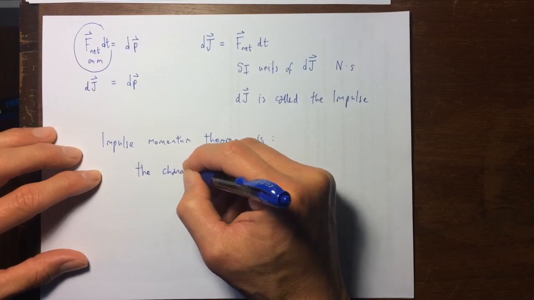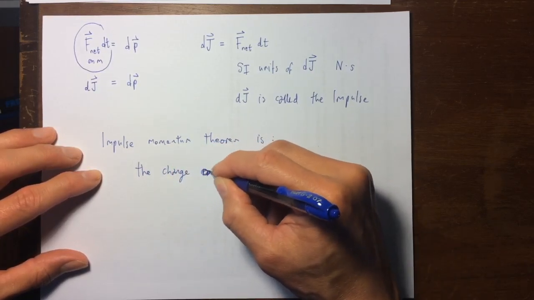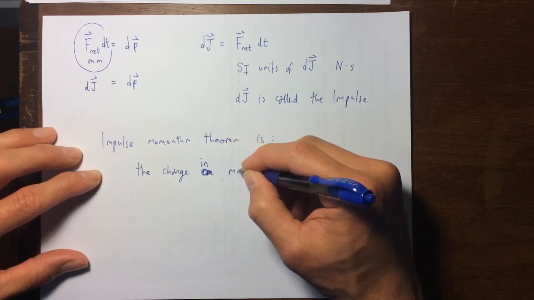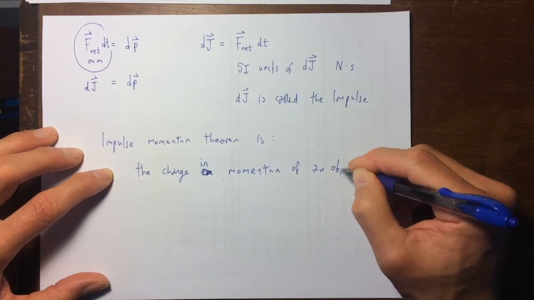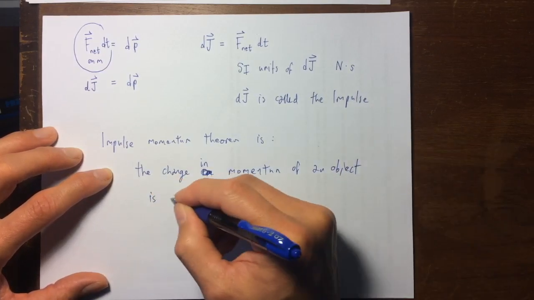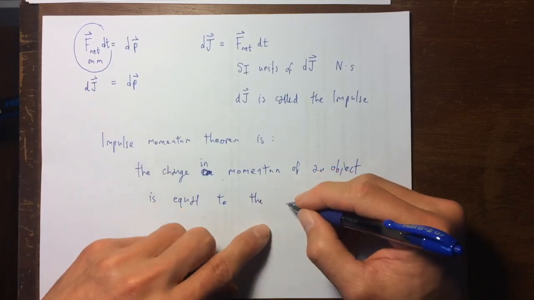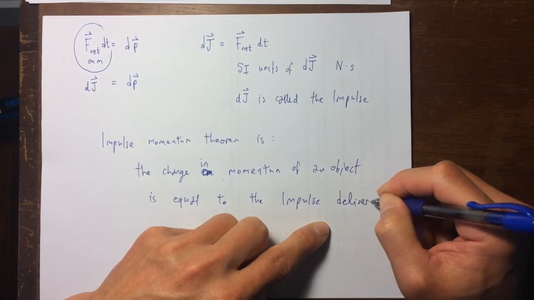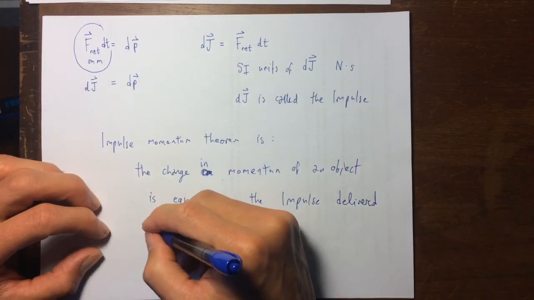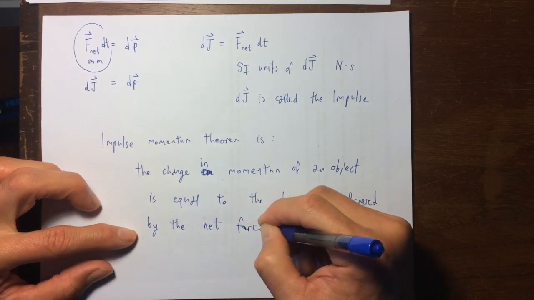The change in momentum of an object is equal to the impulse delivered by the net force.